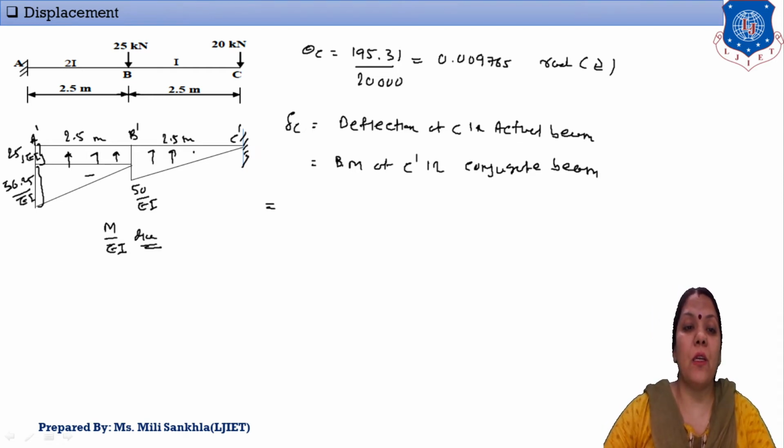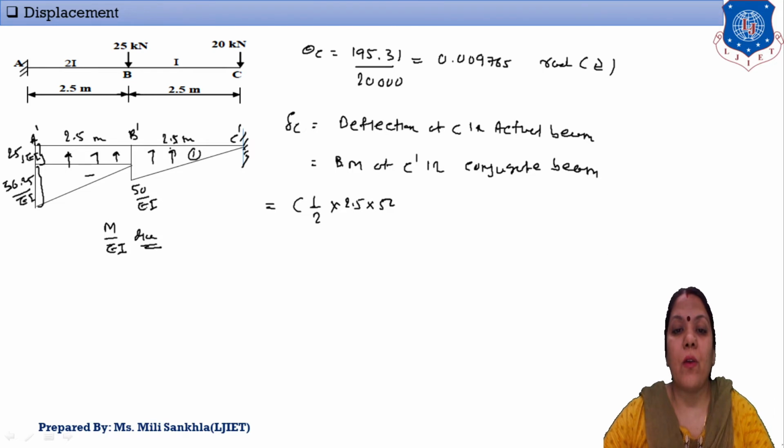Now first, this is the first one, 1/2 into 2.5 into 50 by EI, and take CG from this C point, that means the apex, 2/3 into 2.5. All this moment is positive, because if we stand here, this is the left hand side, clockwise positive.